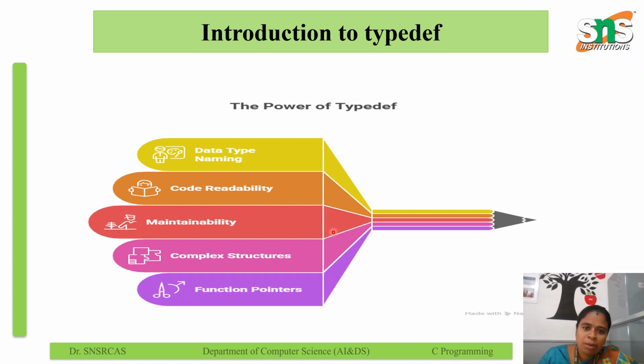The typedef keyword is used to create an alias or synonym for an existing data type. It does not create a new data type. It simply gives another name to an existing one. This can be particularly useful for simplifying complex type declarations and making the code more readable.